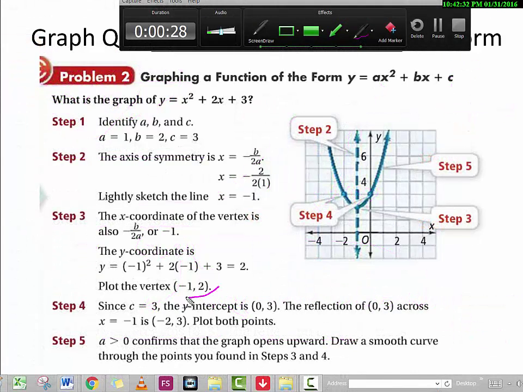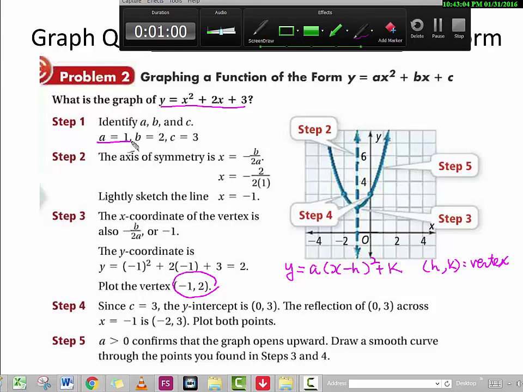Now that we know the vertex, we can rewrite this quadratic function from standard form to vertex form. The vertex form is y equal to a times x minus h whole squared plus k, where h and k is the vertex.